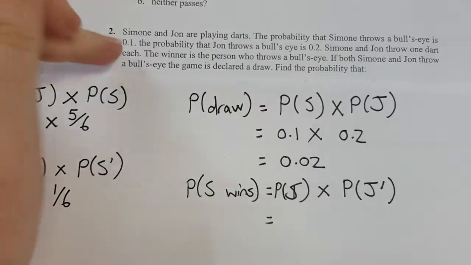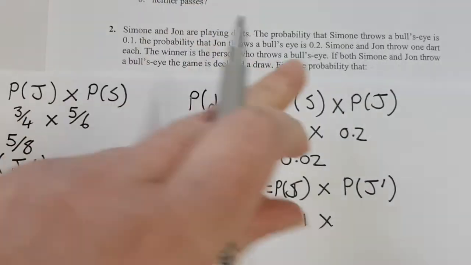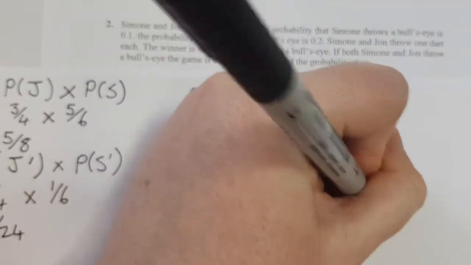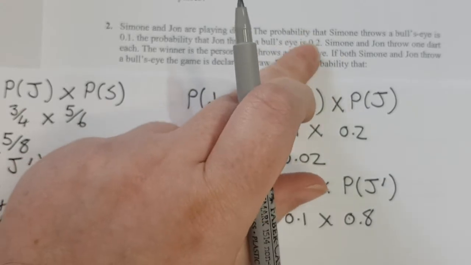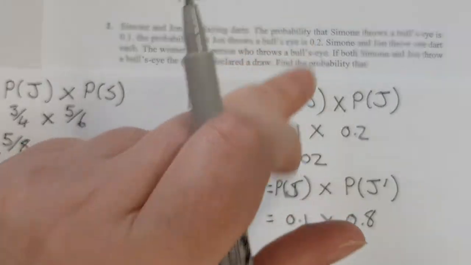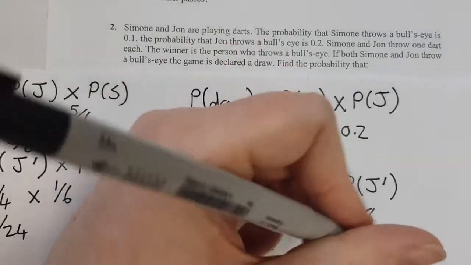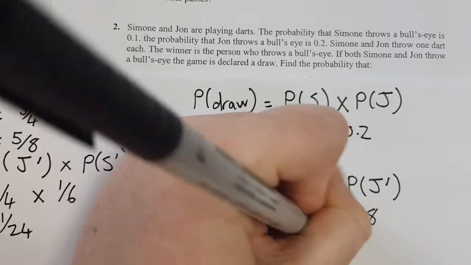So her probability of getting a bullseye is 0.1, and his probability of not getting one would be 0.8, because 0.8 plus 0.2 adds up to 1. So 0.1 times 0.8 gives us an overall answer of 0.08.